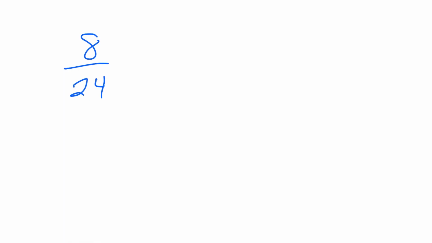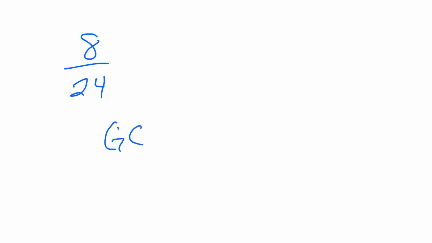The second type of problem is to simplify fractions. And again, we did this with 5 over 6, but here's another example that we can use. So let's imagine for a moment the fraction 8 over 24. When we look at 8 and 24, we want to try to figure out what's the greatest common factor between 8 and 24.